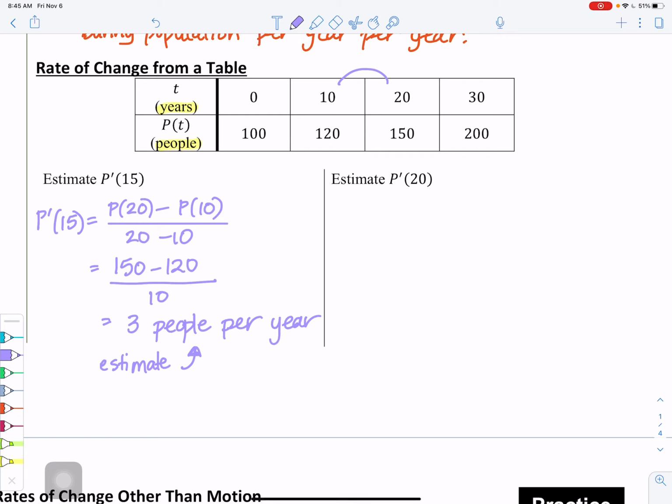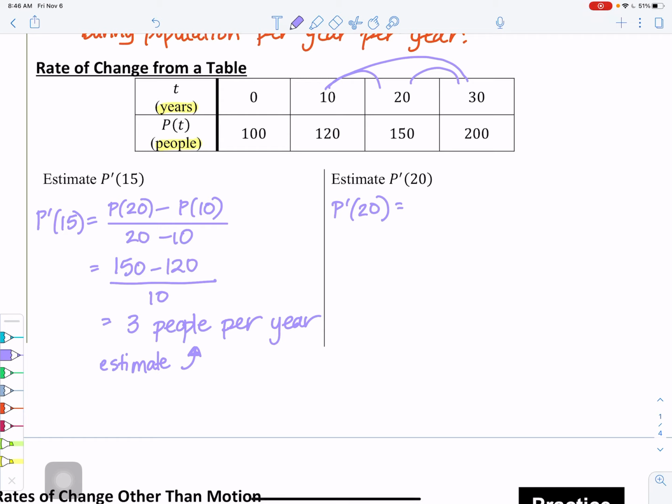So estimate P prime of 20. Well, you have a couple choices, and none of them are wrong. For 20, you could find the rate of change between 20 and 30, between 10 and 20, or between 10 and 30.